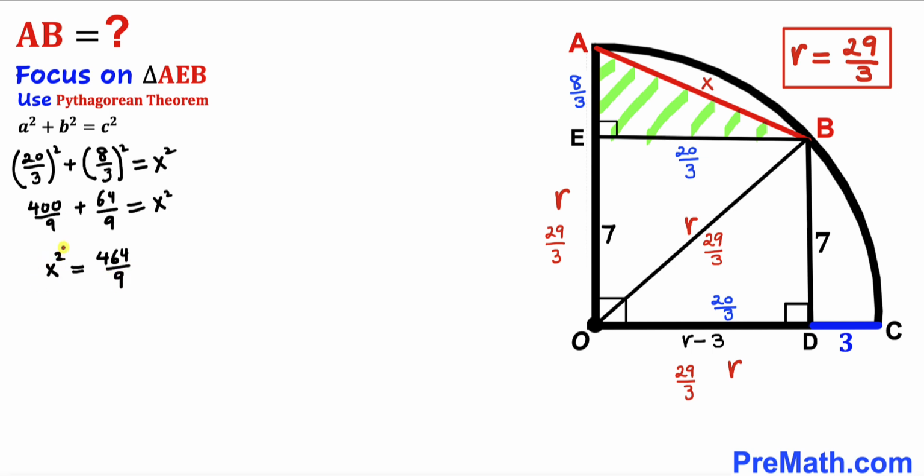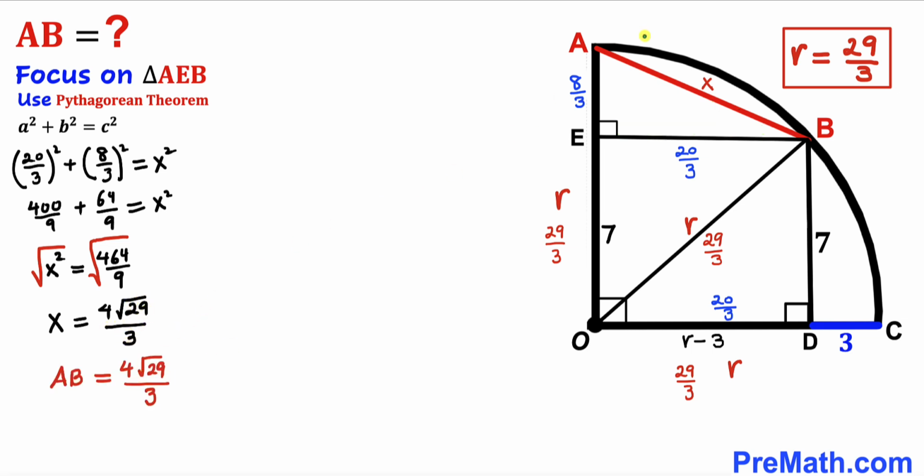And now I'm going to undo this square by taking square root on both sides. And if we simplify the right hand side, our x value is going to be equal to 4 times square root of 29 divided by 3 units.